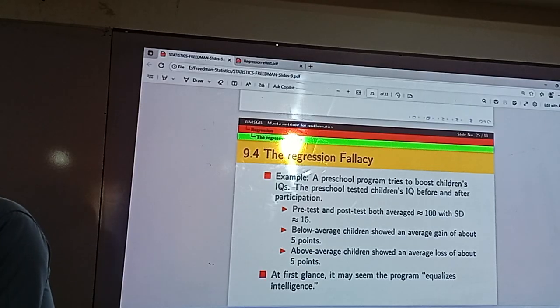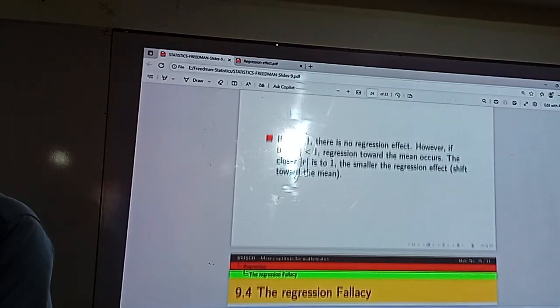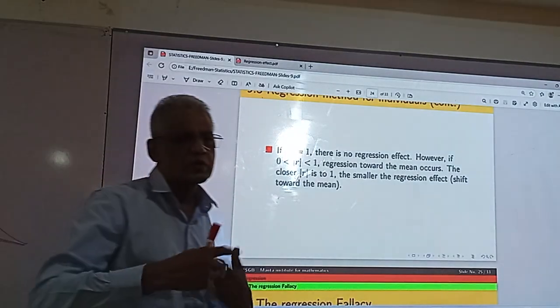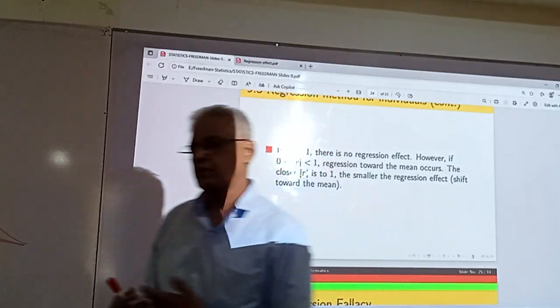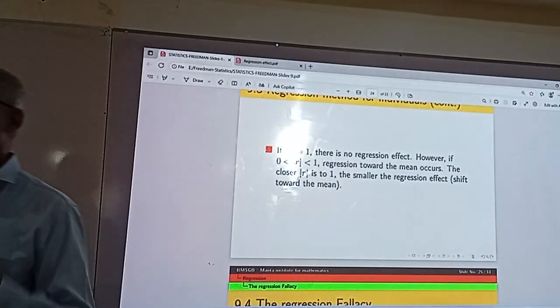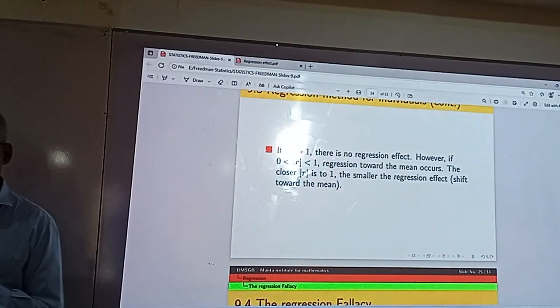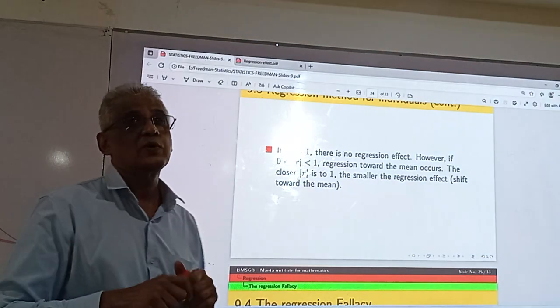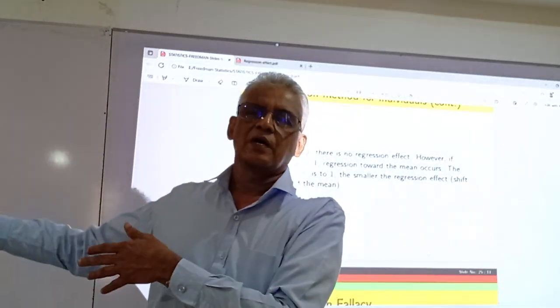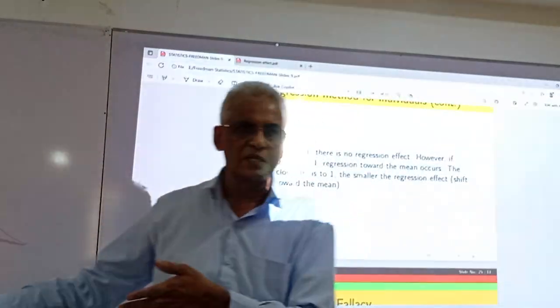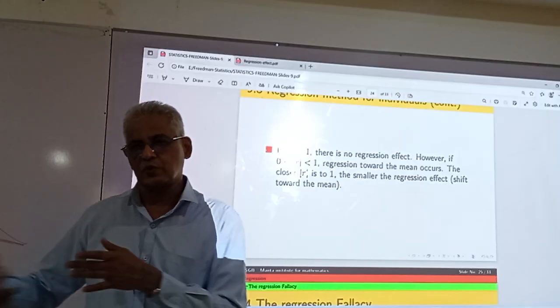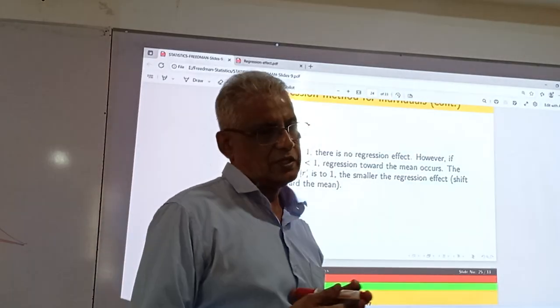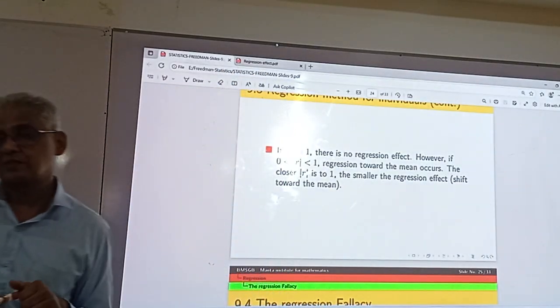Right. But some people try to attribute this phenomenon to some effect of something. Some people say that this is happening because of the effect of some variable, effect of some phenomenon and so on. And that is what is called the regression fallacy.